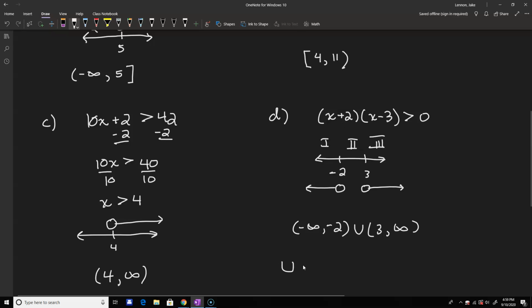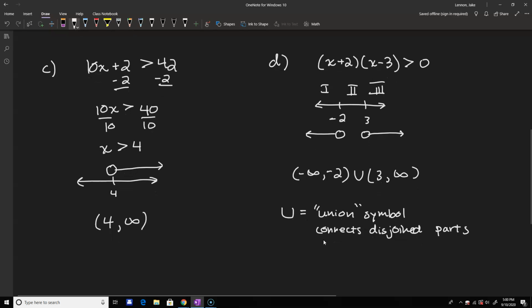So the union symbol connects disjoint parts of a solution set in our interval notation.